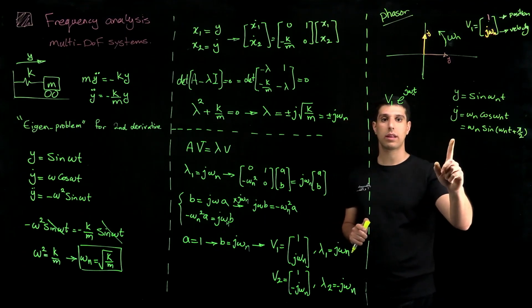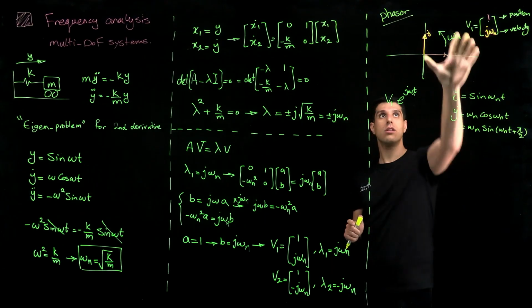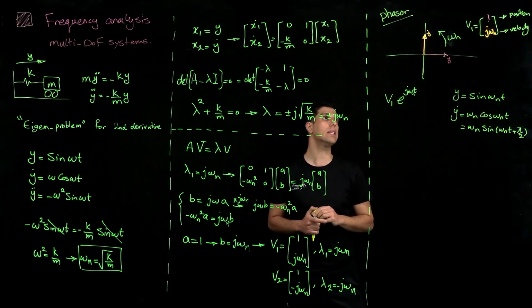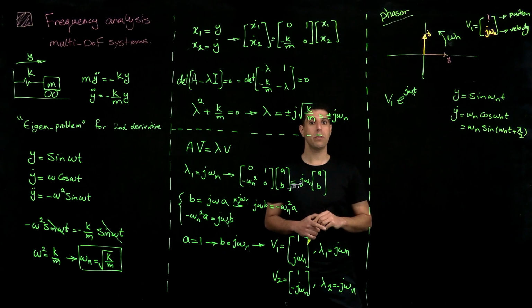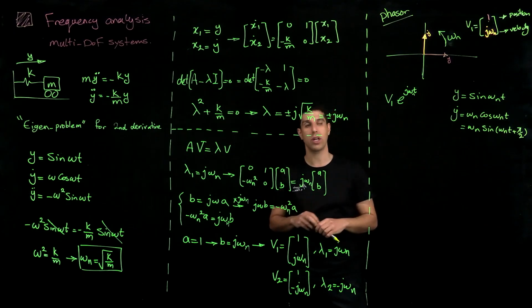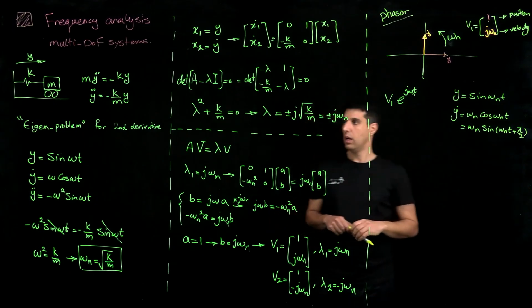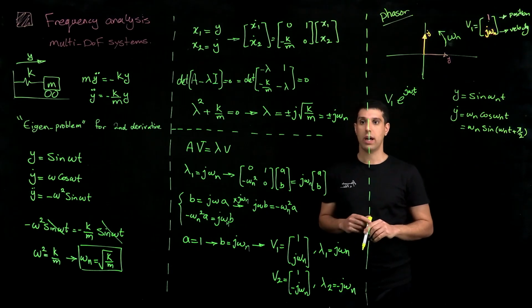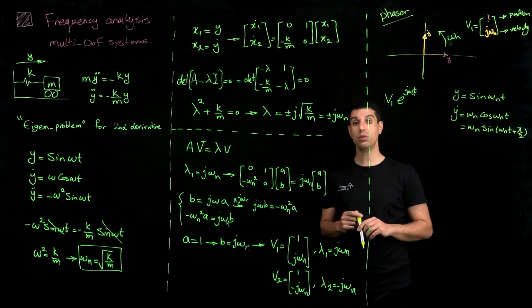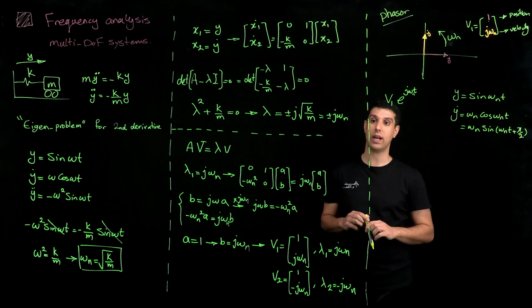But I hope this concept of visualizing with phasors makes sense. It will be more interesting when we add more degrees of freedom to the system, and we can get a lot more information by looking at these phasors. So let me clean up the board, and I can come back with a 2 degrees of freedom system and start to analyze that. So let me do that, and I'll be back.